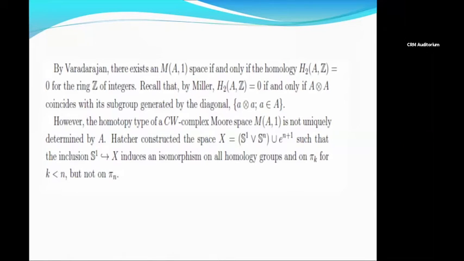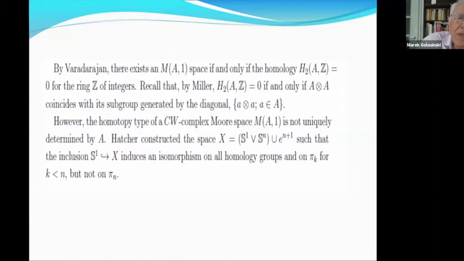There is a result by Miller that the second homology group of A, if A is abelian, is 0 if and only if the tensor square of A coincides with the group generated by the tensor squares of elements of A. There is also a result by Miller which characterizes the second homology of any group in a similar way, but it is much more complicated. But for an abelian group, we have a simplification of this result.